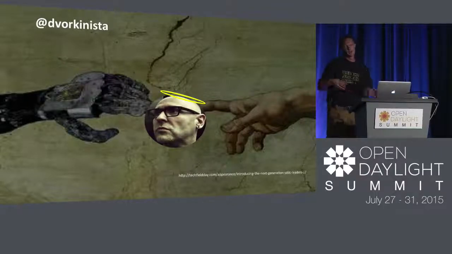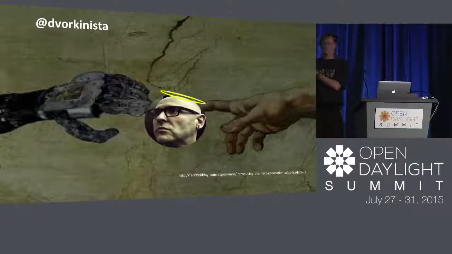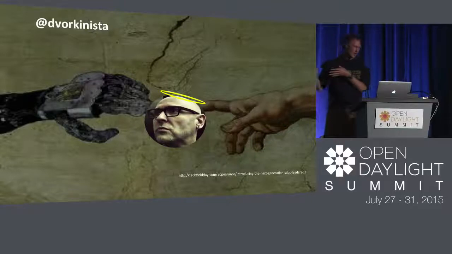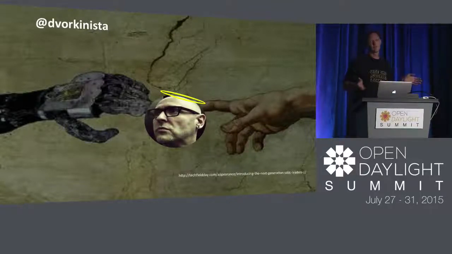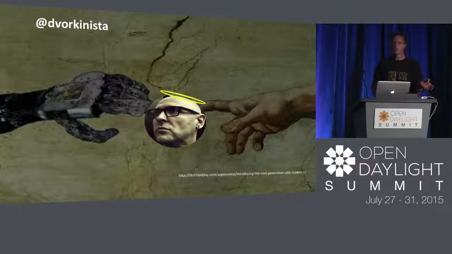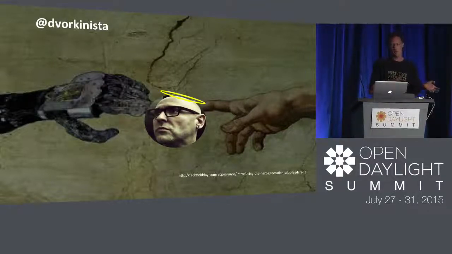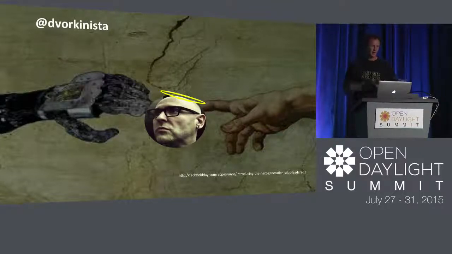This chap is Mike DeVolkan. He's a lovely guy, and the father of what we're doing in group-based policy in OpenDaylight. He's been involved in policy for over 20 years, since his days at Trimetra. He was the inventor, or one of the primary developers, of the Alcatel 5620 platform.